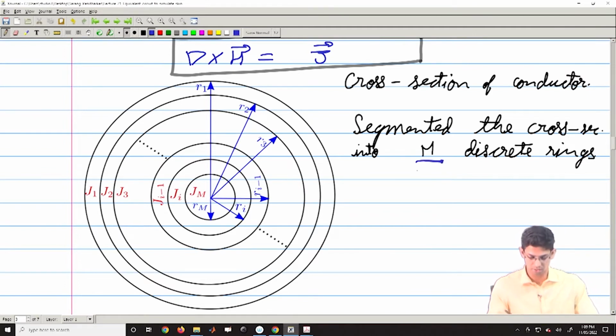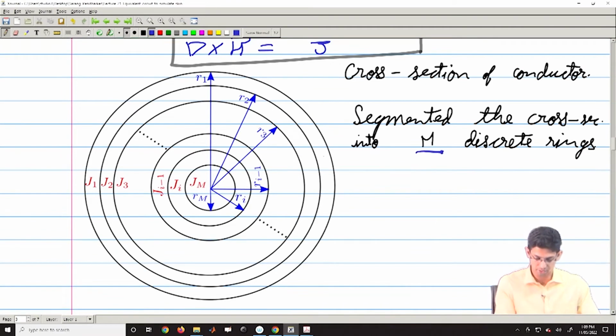and then we are assuming that each of these rings would have a uniform current density. So, what would practically happen is that the current would continuously reduce below the surface of this conductor, right, but we are discretizing it. So, this is the first ring.